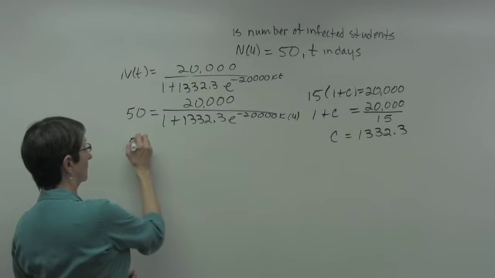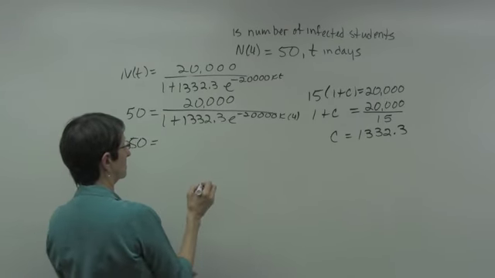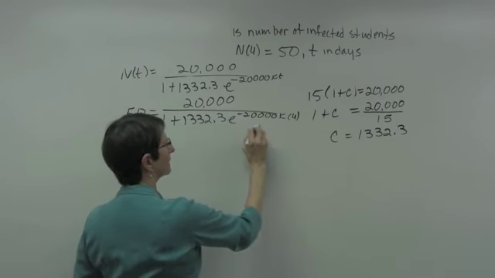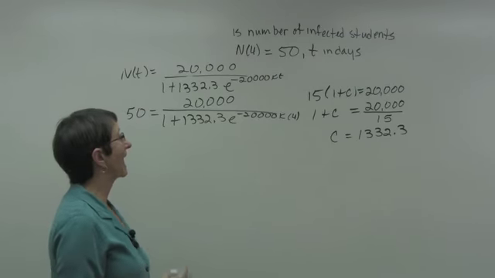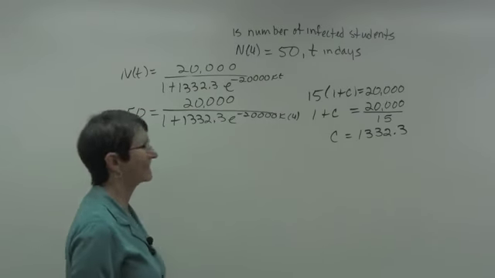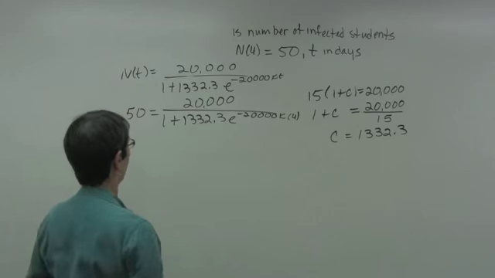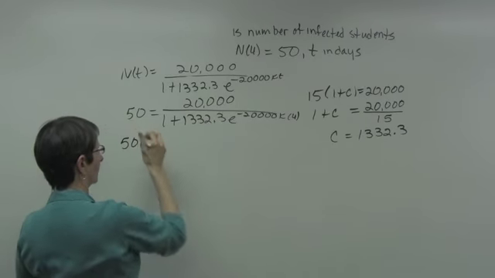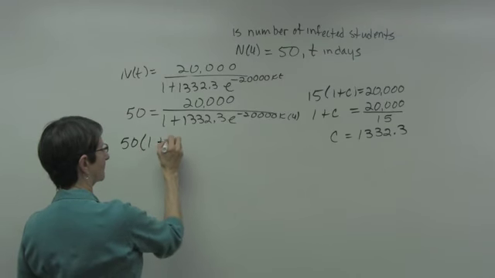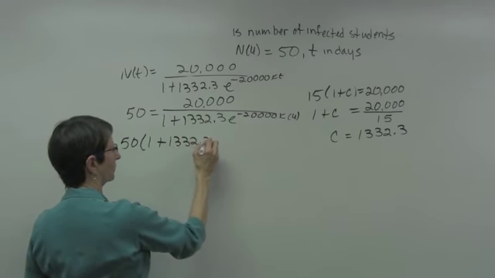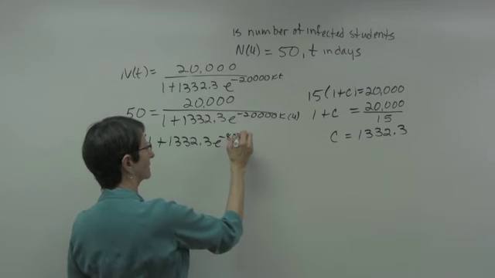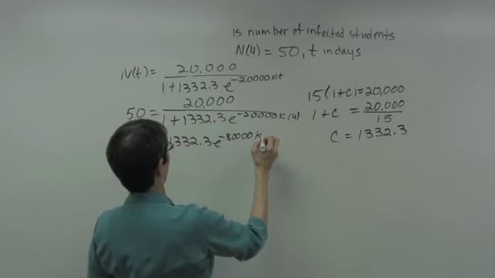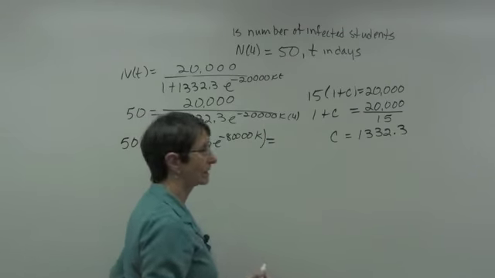My negative 20,000 times 4 would give me negative 80,000. Multiply all this across: 50 times (1 plus 1332.3 e to the negative 80,000 times K) equals 20,000.